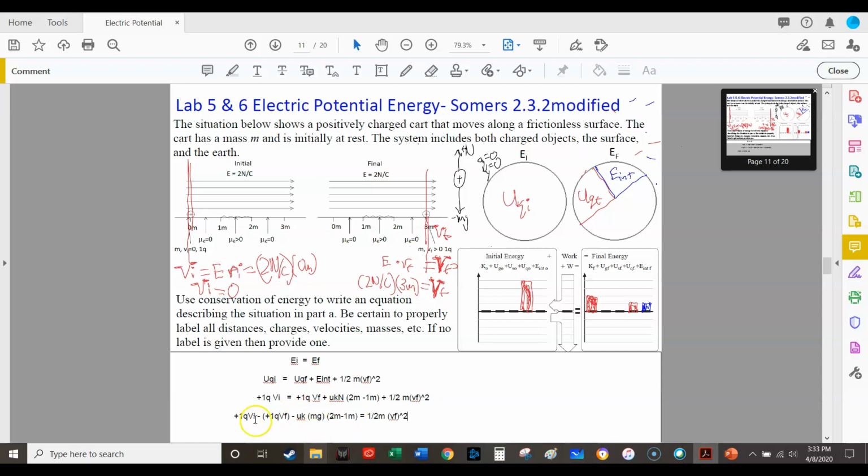Okay. Now, what we had talked about before is that the initial voltage is going to be 0. Okay. And really, again, what I had stated is that we actually have to look at potential energy, so what I'm going to do is merge these two equations together. Okay. And in fact, I'm going to do this.